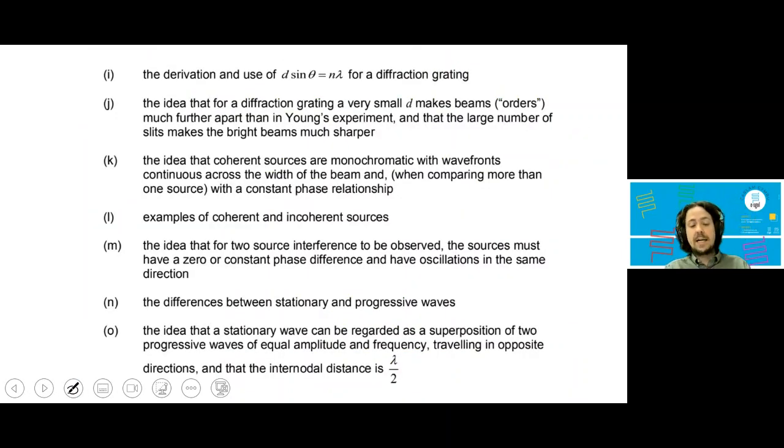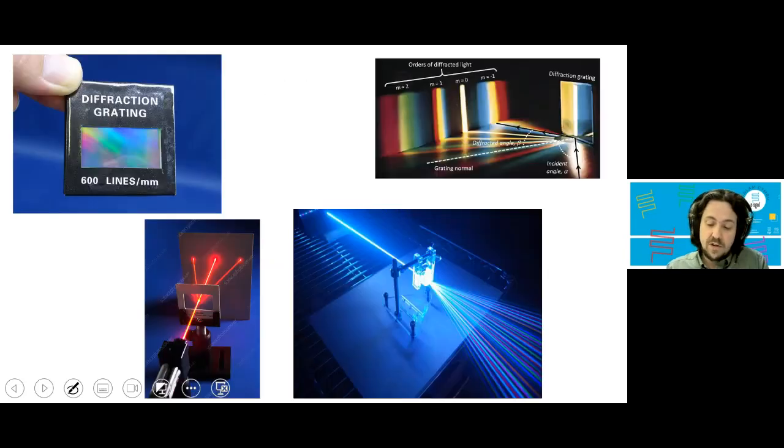We're now going to move on from Young's double slit experiment and look at diffraction gratings. Now, you might have come across diffraction gratings already. This is the kind of one that I've used in my lab and that my students use.